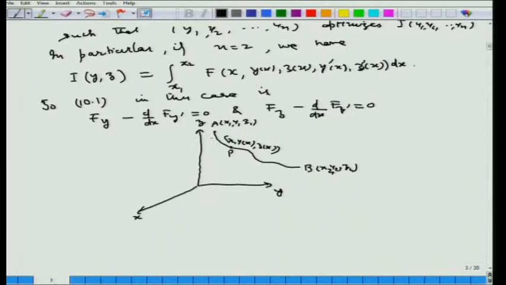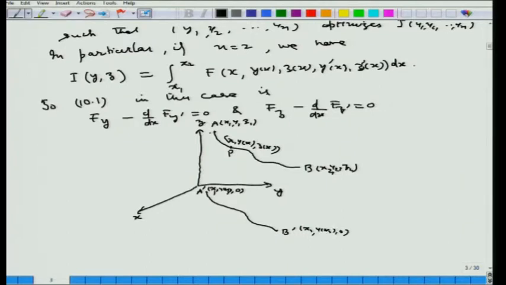Let us say this is the projection in the xy plane, so this is A dash, B dash: x, y(x) and 0, x_1, y at x_1 and 0, x_2, y at x_2 and 0.